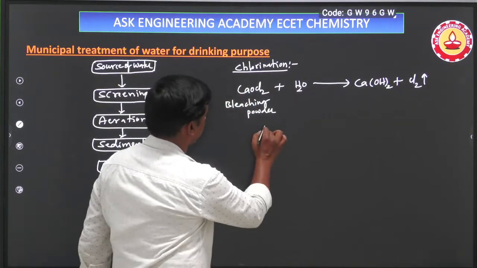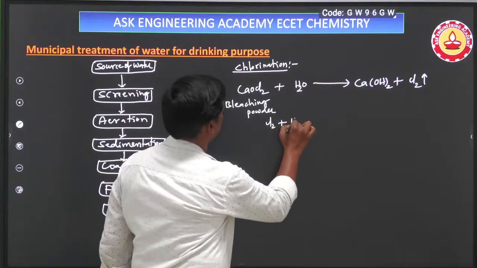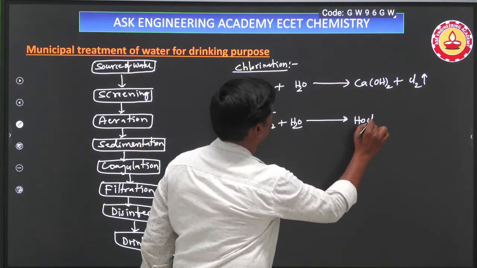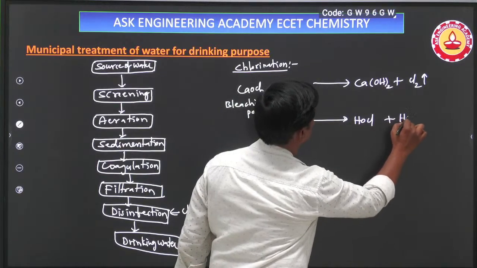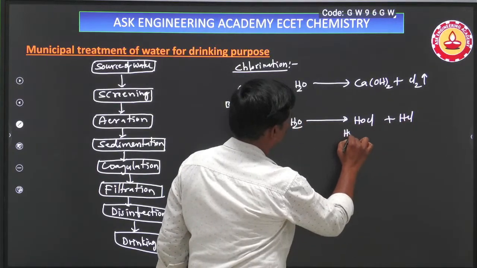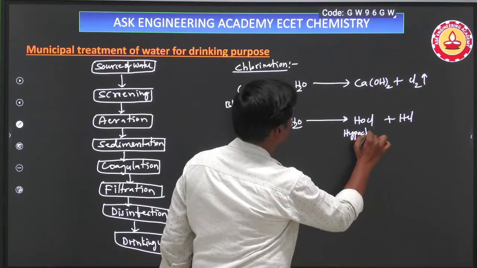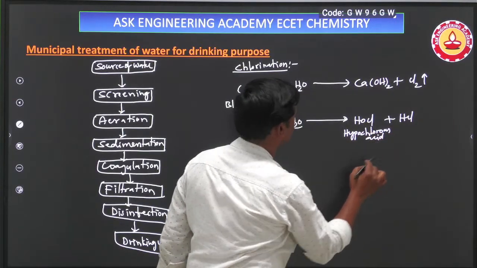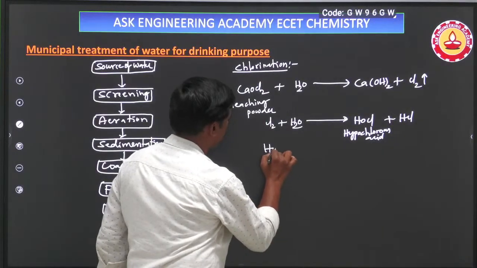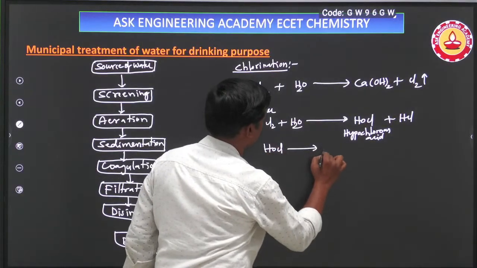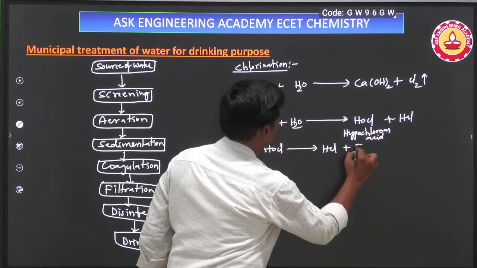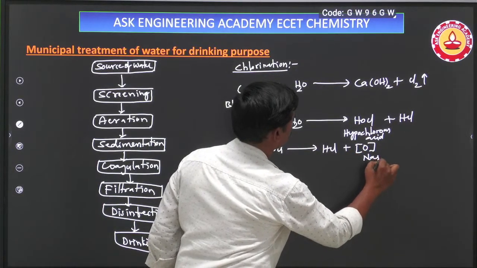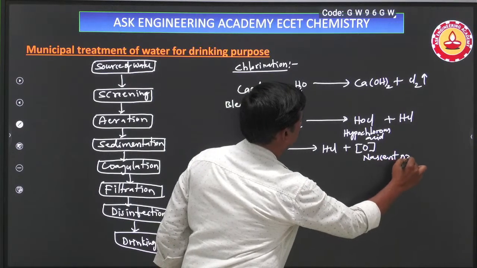This chlorine again combines with a water molecule and produces HOCl, hypochlorous acid, and hydrochloric acid. The name of this compound is hypochlorous acid, which is highly unstable. Immediately this hypochlorous acid converts into hydrochloric acid with liberation of nascent oxygen.